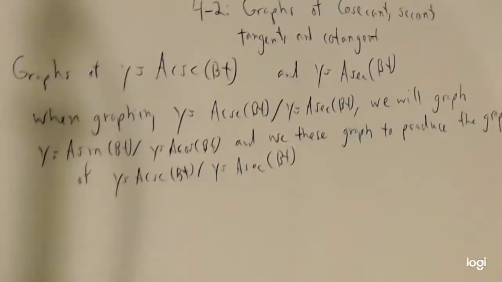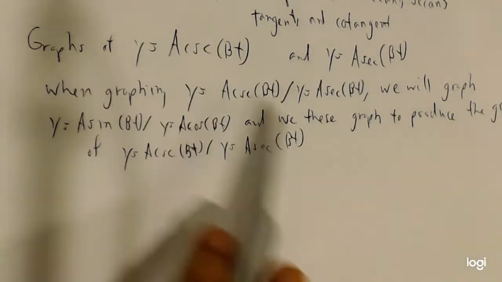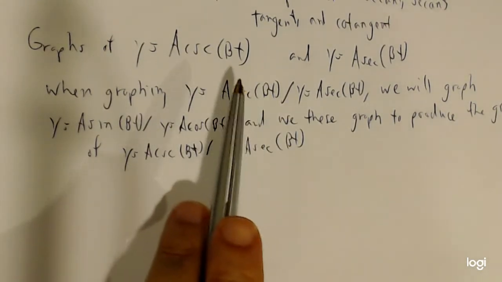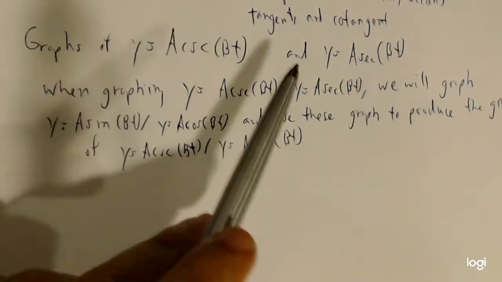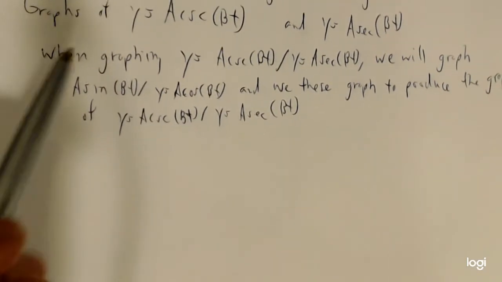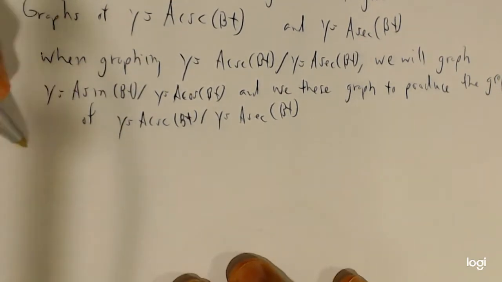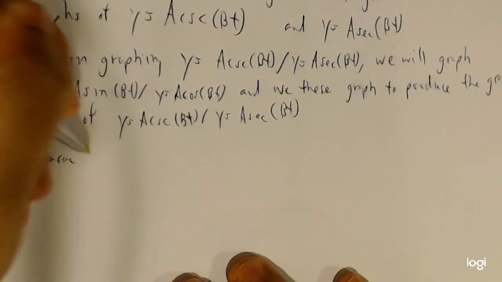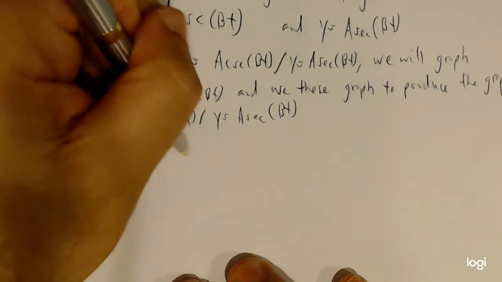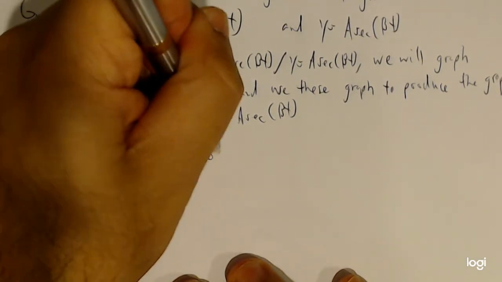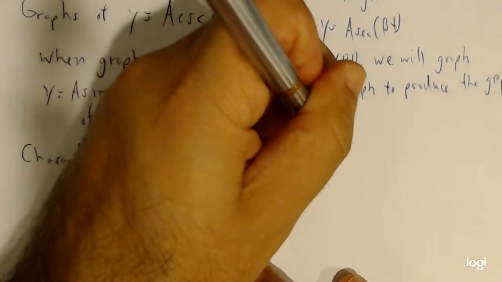Okay, so here's the good news. If last section's notes were good, you know how to graph sine and cosine, then technically speaking you can graph cosecant and secant. So before we actually graph cosecant and secant, let me show you how we're going to use sine and cosine to produce them. So here are the characteristics of cosecant and secant.